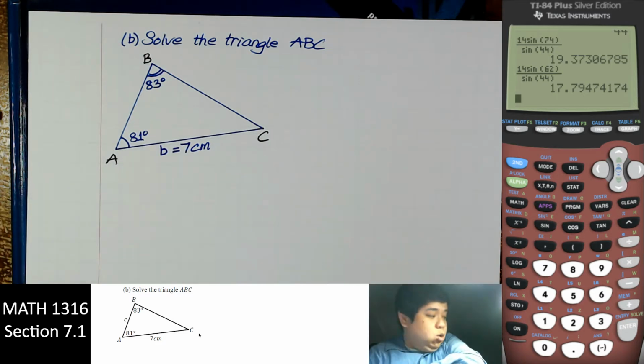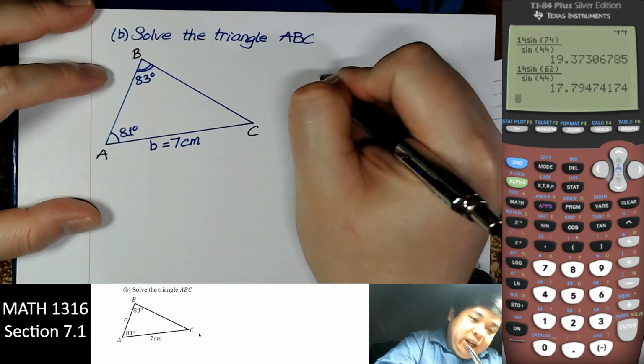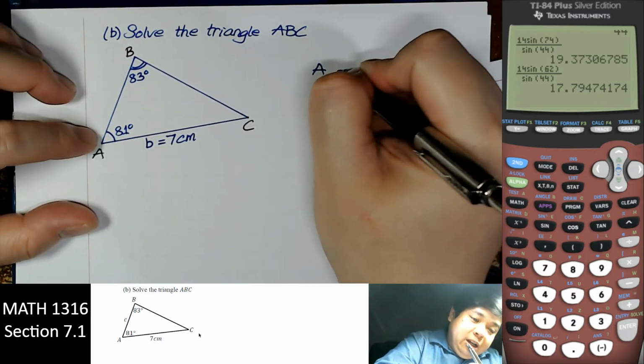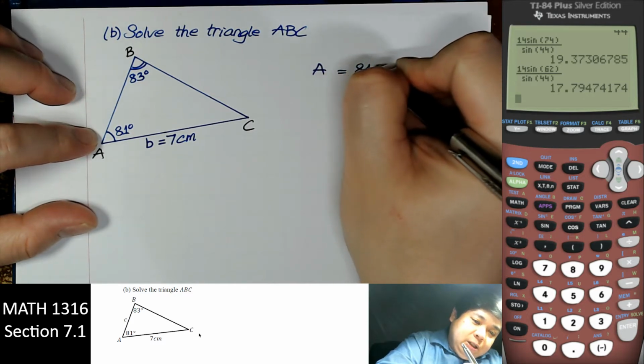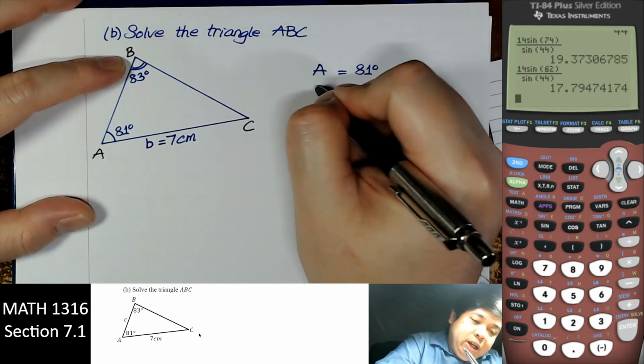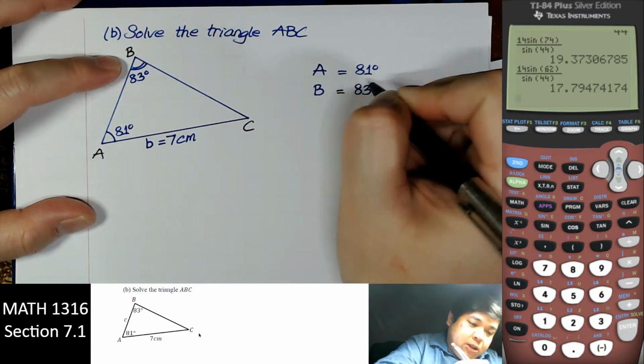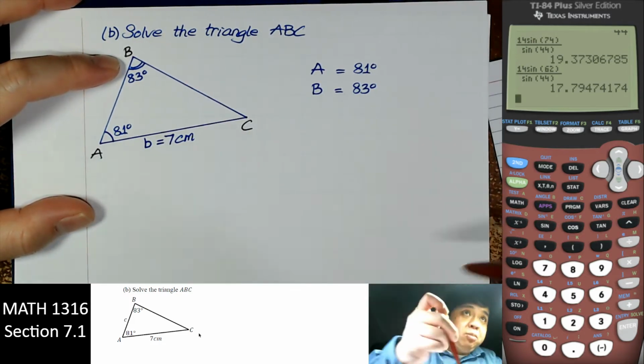Right. As always, I try to write out what we know and what we don't have, or what we need to find. Angle A, 81 degrees. Angle B, 83 degrees. C is not mentioned, so we don't know that.